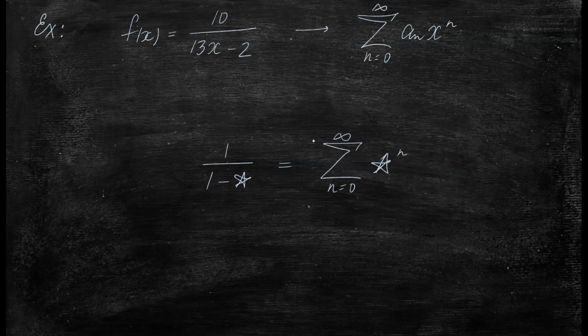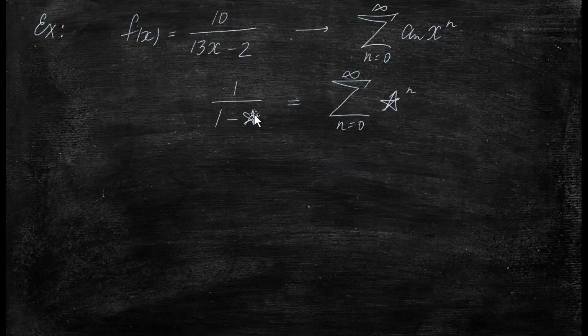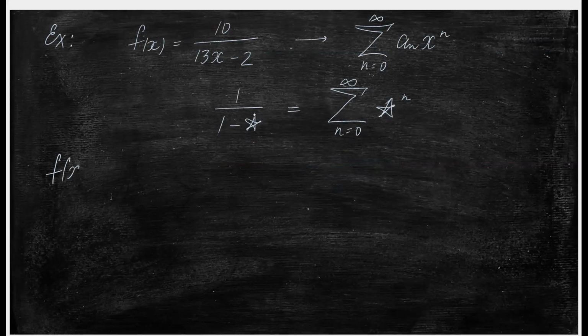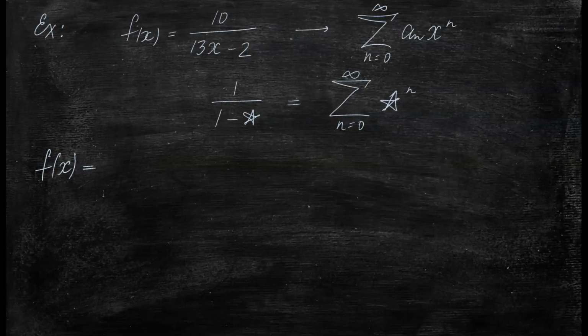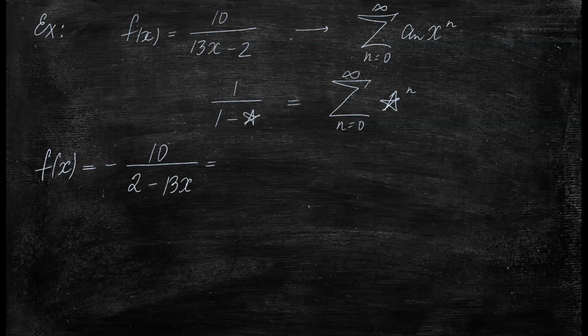So with that in mind, let's take our function and let's take out the negative. And let's factor out 10 from the numerator and 2 from the denominator.